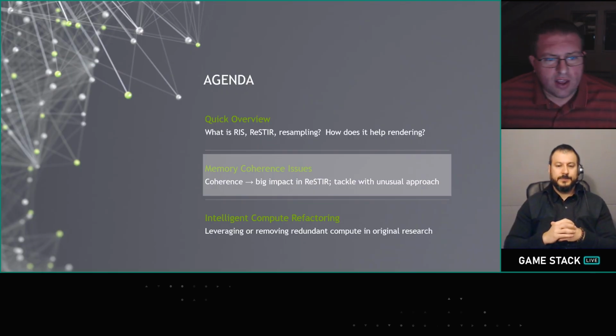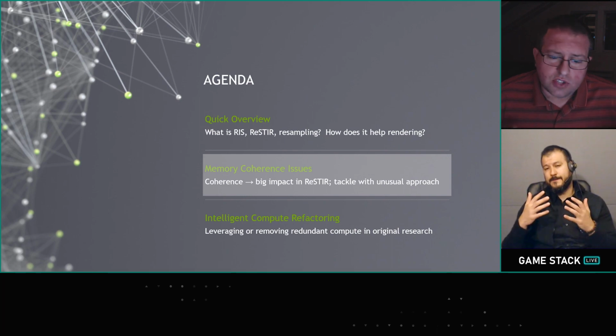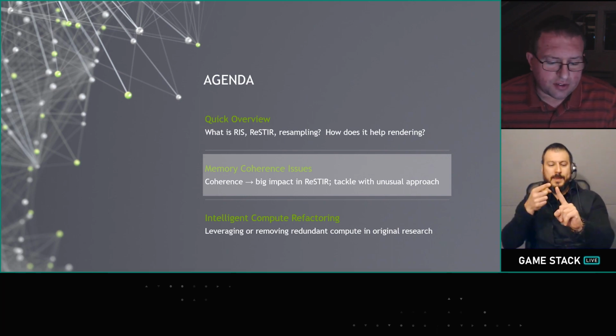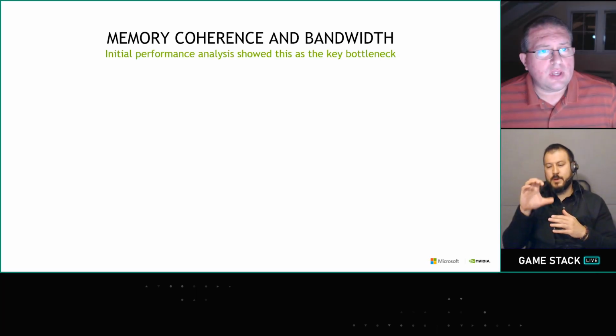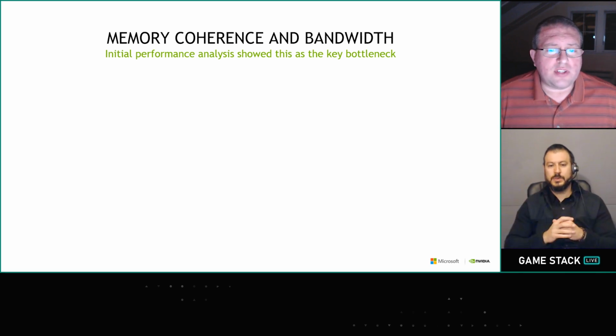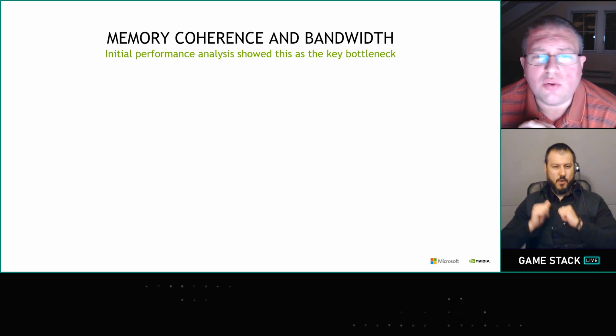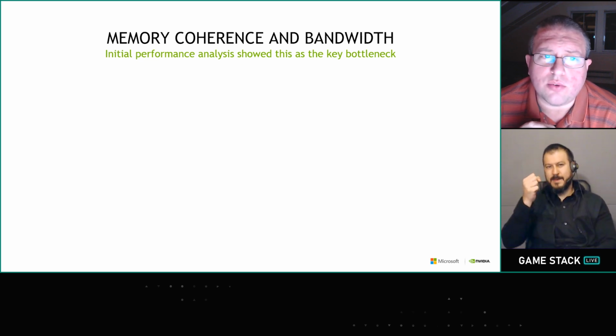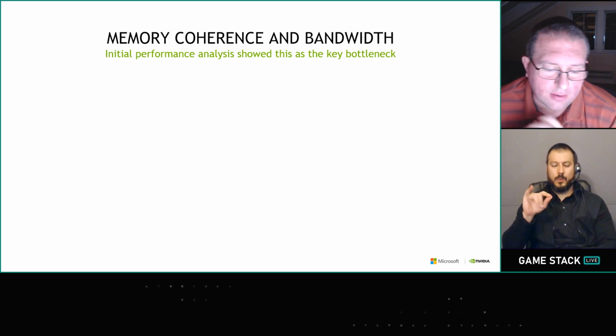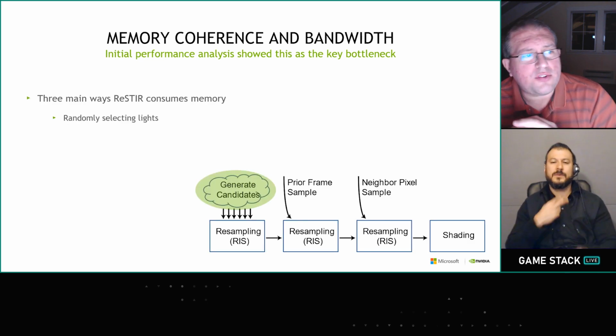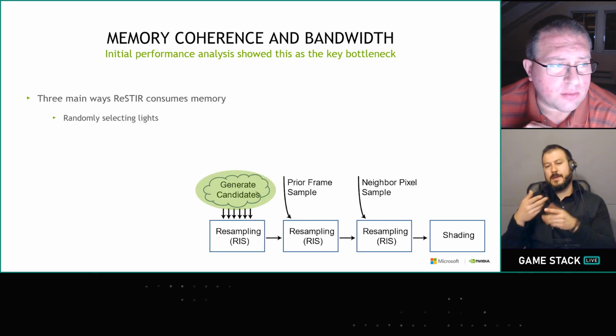All right. So now that we've sort of talked about where we're going, let's talk about some memory coherence issues. And the reason for this is when we did the perf analysis of our research prototype, we found out that memory coherence and bandwidth were really the key bottlenecks in the algorithm. And there's 3 main ways that ReSTIR consumes memory.